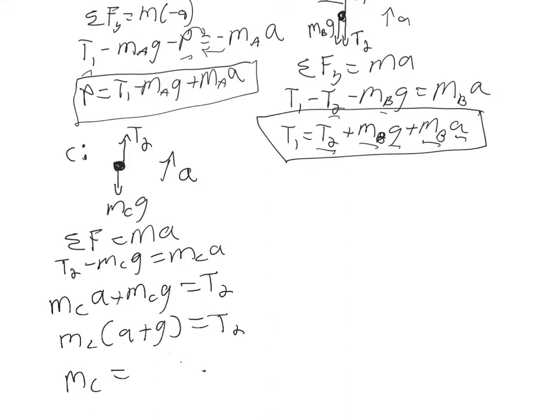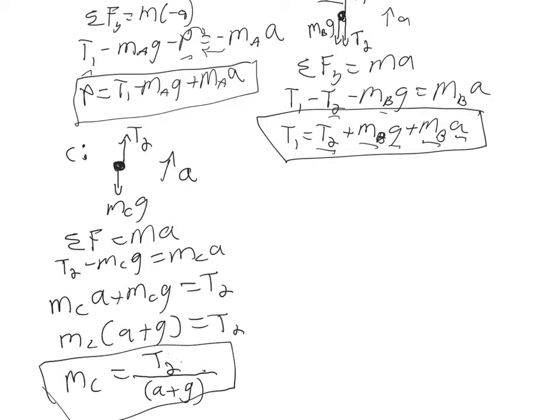Too sloppy, sorry. So it's just going to be equal to T2 divided by a plus g. So T2 is 60. 60 divided by 9.8 plus 2.5. Pretty easy. So 60 divided by a little over 12, right? Cool. Good. Boom. Box worthy again once you plug and chug.